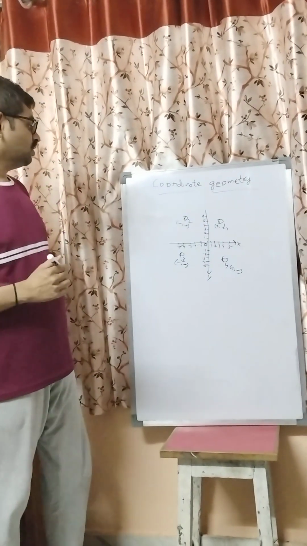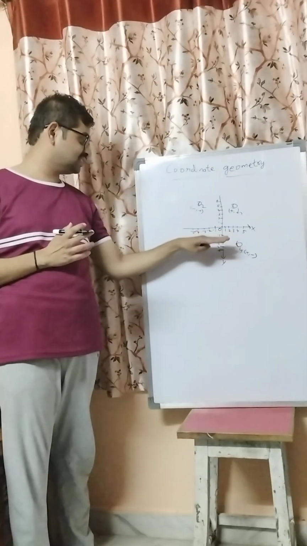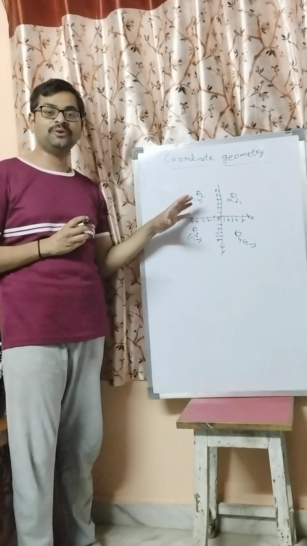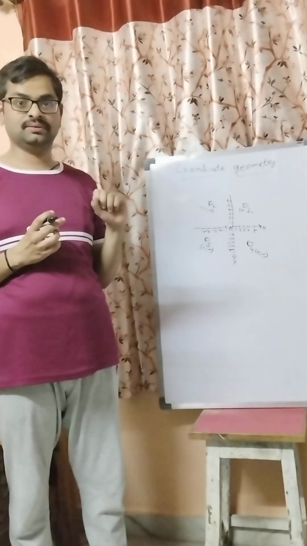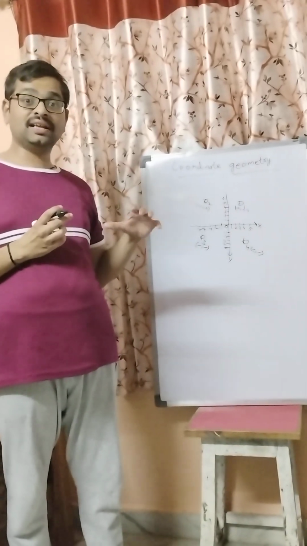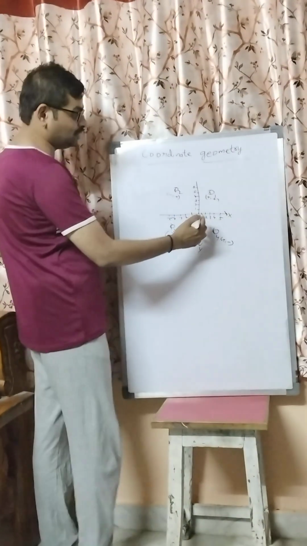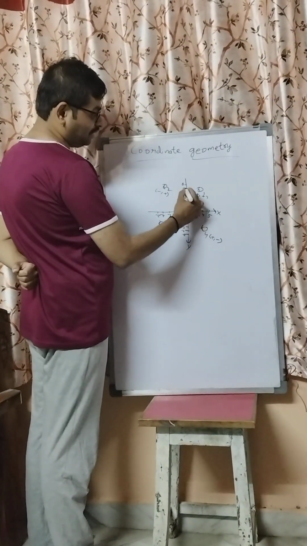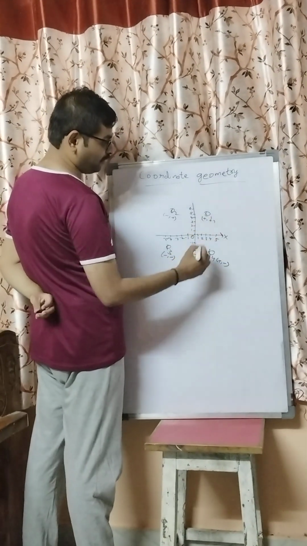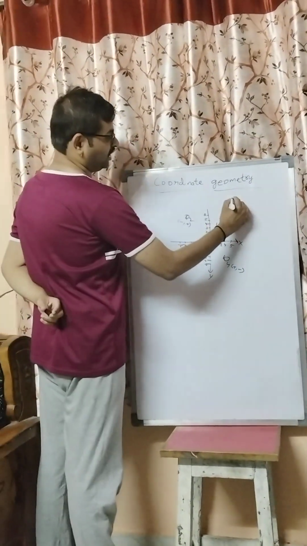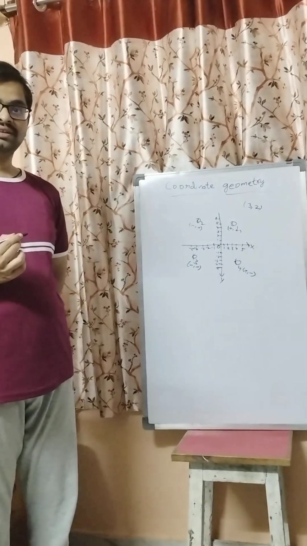So, for example, how to represent any point on this x-axis and y-axis? For example, if you take the maximum and minimum temperature in Hyderabad, how to represent it? Maximum temperature we will represent on the positive axis. So here I am representing a point like this. See here, for example (3, 2), this is one point.